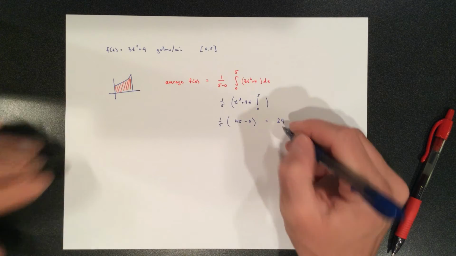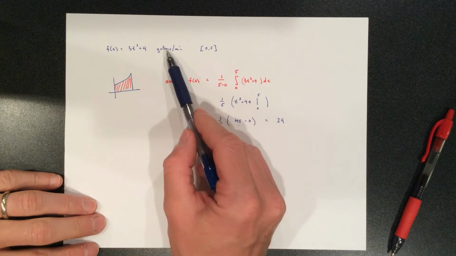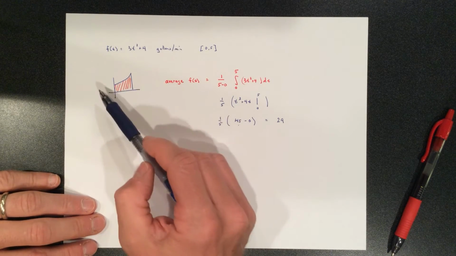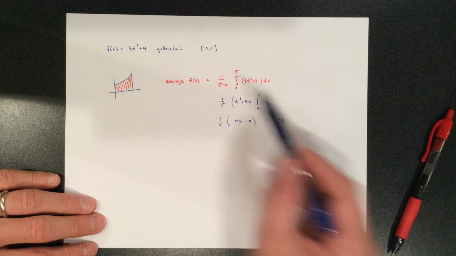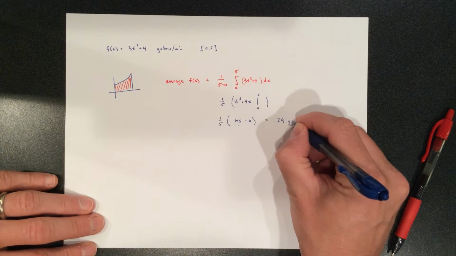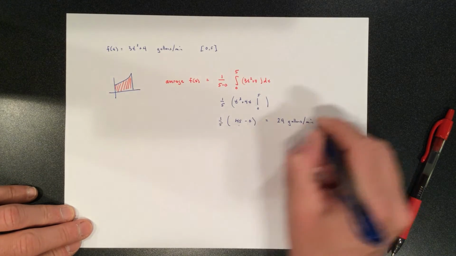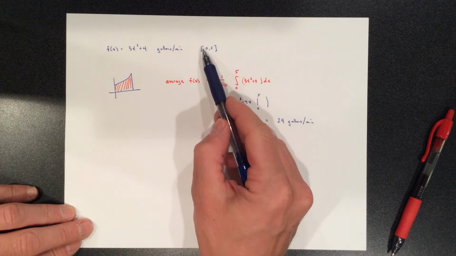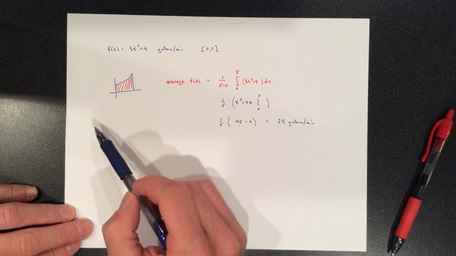Okay, let's think of the units here. I was trying to find the average function value. The function is how many gallons per minute that's coming in to some pool. So what is 29? What's the average one of these? So this better be gallons per minute as well. It's the average of this. Again, if you look at 0, well, when t is 0, 4 gallons are coming in.